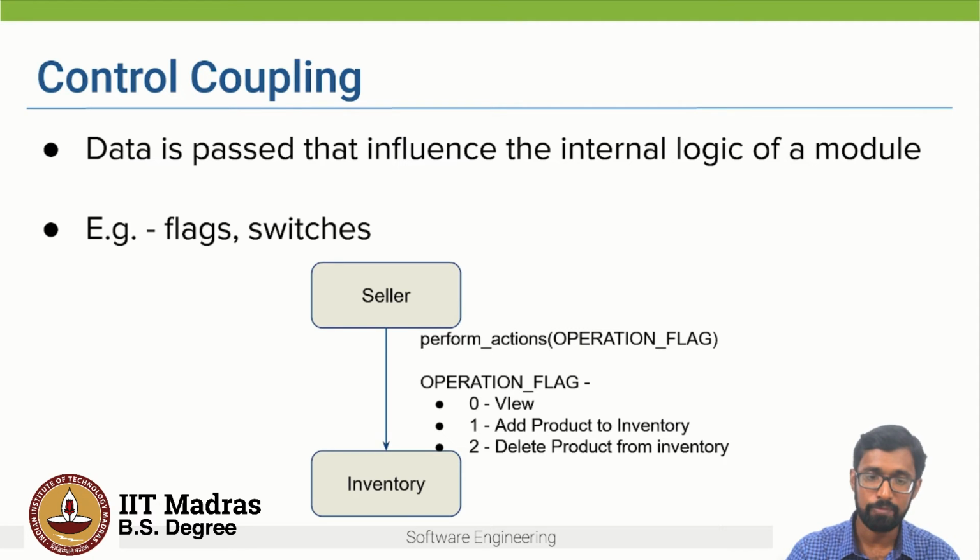And the inventory module code or functionalities depend on the value of this flag. If the flag is 0, then the view inventory function is called. If the flag is 1, then the add product to inventory function is called, right? So based on what value of the data is passed, the appropriate function gets called in control coupling.